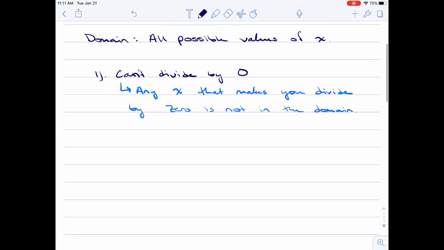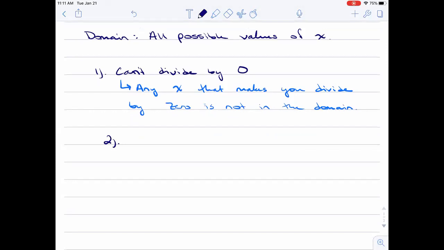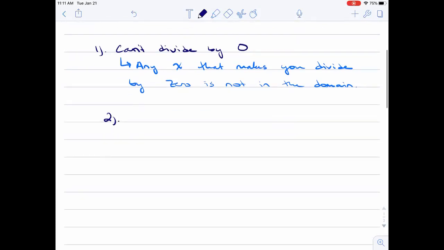The second rule that we have to look at and remember is that we can't take the square root of a negative number. We can take the square root of 0, right? But anything less than 0, we can't take the square root of.